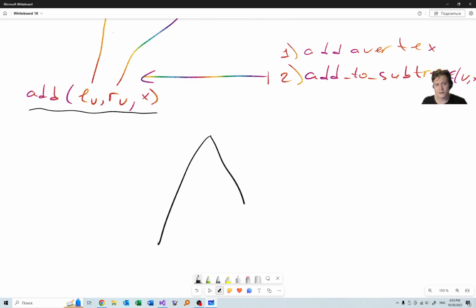But let's assume that it's right. For example, you have some activated vertex, and it has two deactivated children because they're still not in the tree. Well, if you add 2 to this subtree, you also add 2 to here and 2 to here. Yeah, they will be added. It's fine.